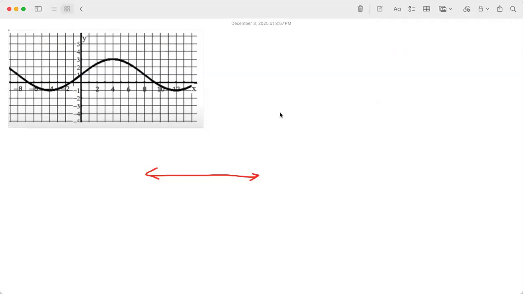Let's take one point of the graph. Yeah, I can take this point in the graph, right?